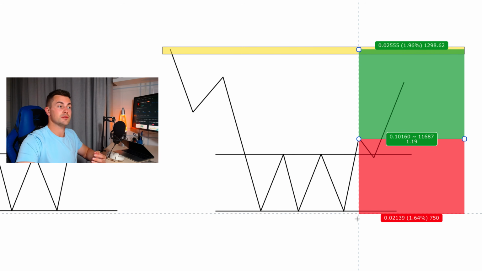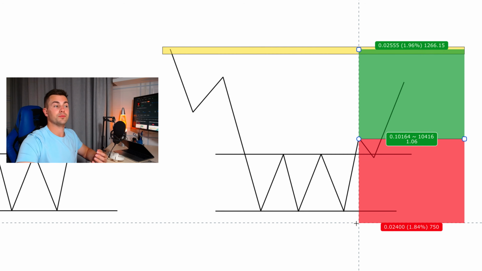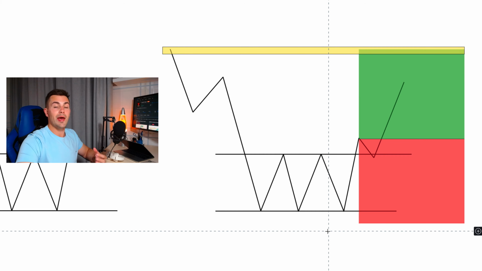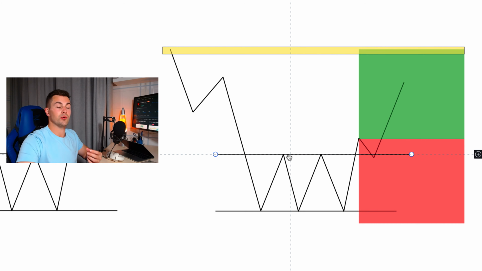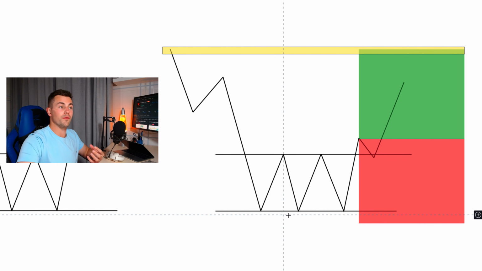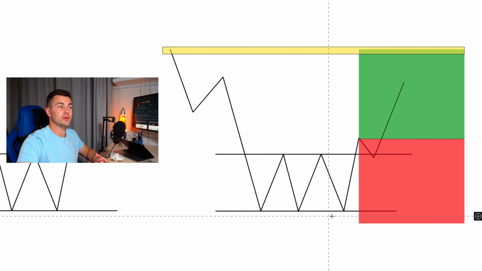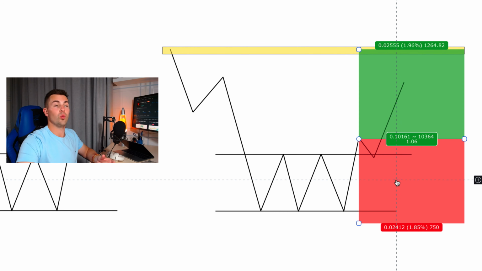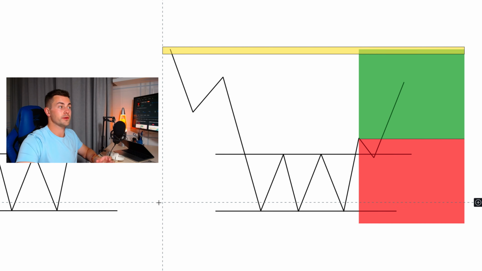It gives us the safest stop placement, and being set right here, we have very nice protection: the protection of the neckline, and of these horizontal lows. So from a current perspective, our position is very safe. And here we can get 1-to-1 risk to reward for this trade.